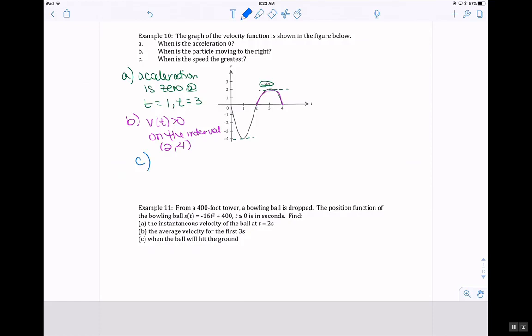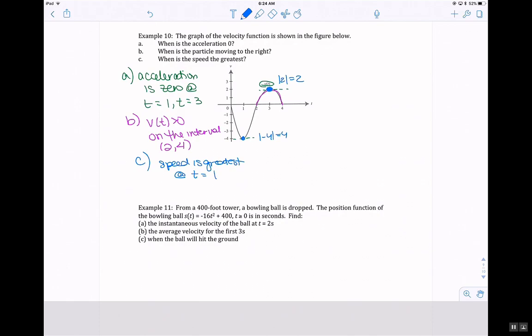So I have two candidates, my v of 3 or my v of 1. My v of 1 is equal to negative 4, but the absolute value of negative 4 is 4. And then my v of 3 is 2, so the absolute value of 2 is 2. So my speed is the greatest at t is equal to 1, because that represents the absolute value of velocity.